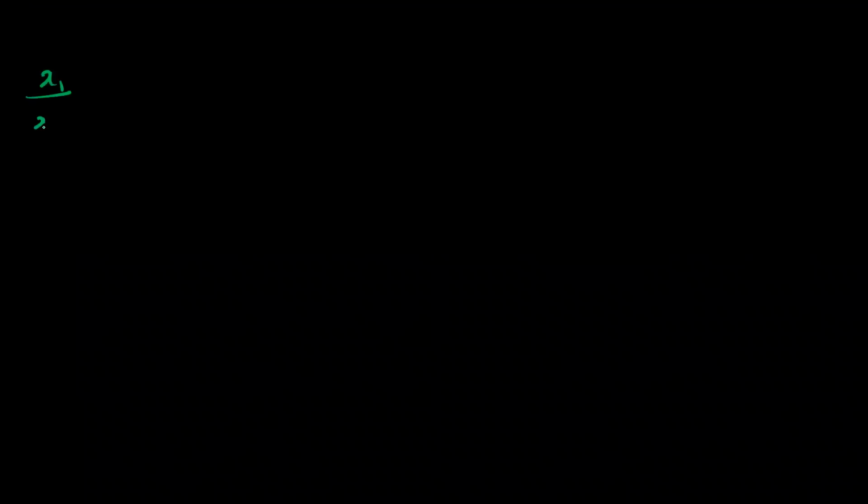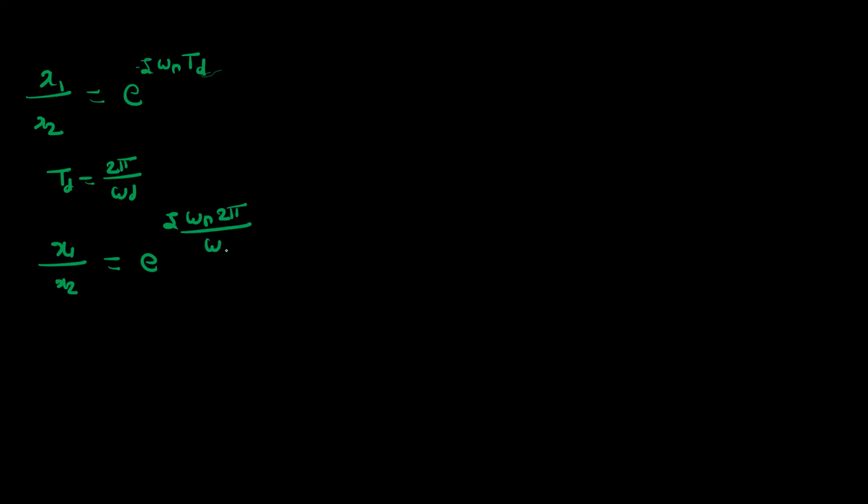So this ratio x1 upon x2, finally we will get e raised to zeta omega n td. Now this td is nothing but 2 pi upon omega d. So x1 by x2 is e raised to zeta omega n into 2 pi upon omega d.